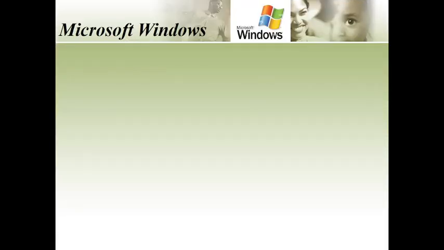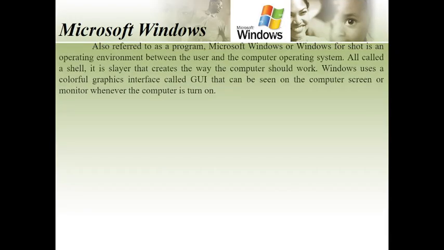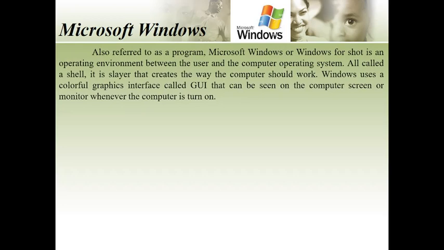So, now, Microsoft Windows. Also referred to as a program, Microsoft Windows, or Windows for short, is an operating environment between the user and the computer operating system, also called a shell. It is a layer that creates the way the computer should work.